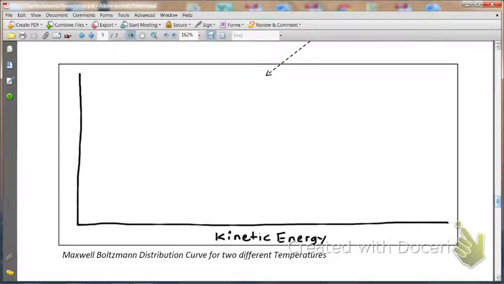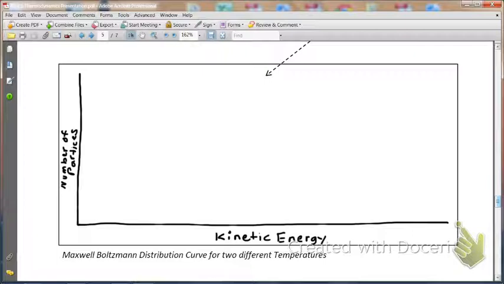And then of course on the y-axis, we're going to label it the number of particles. And really this is the total number of particles that the system has or contains.